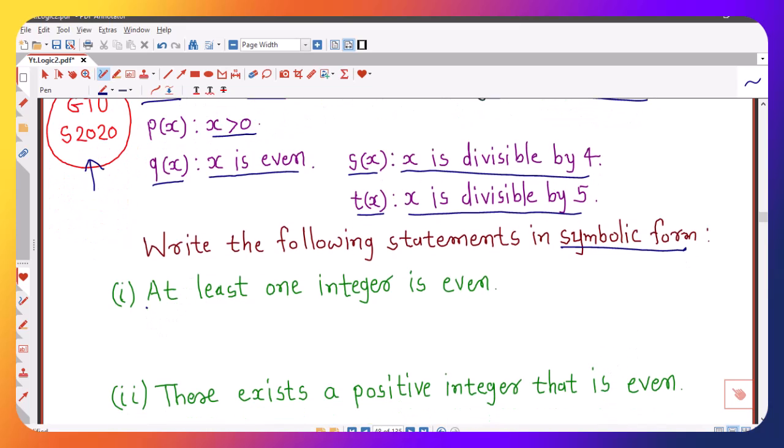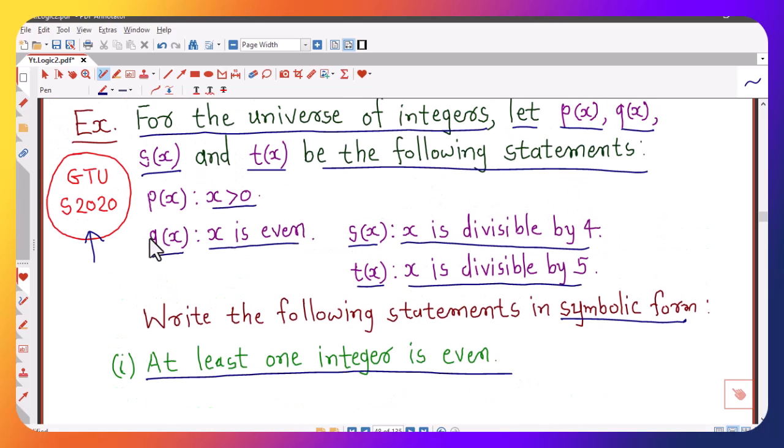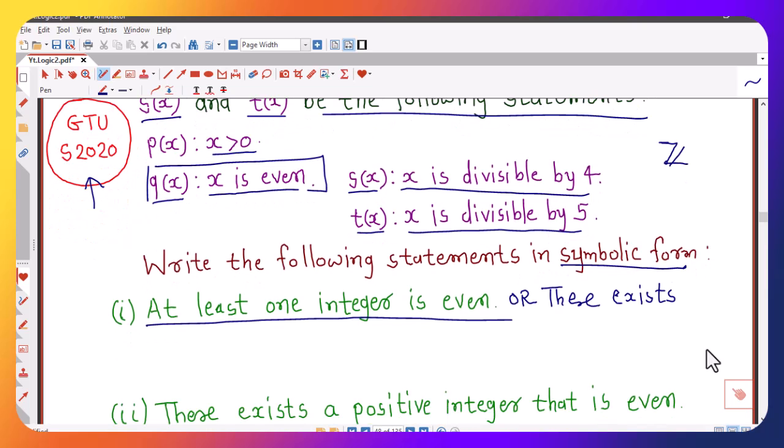First one is: at least one integer is even. Here q(x) denotes that x is an even integer and our domain is the set of integers. Our statement, at least one integer is even, can equivalently be written as: there exists some x which is even.